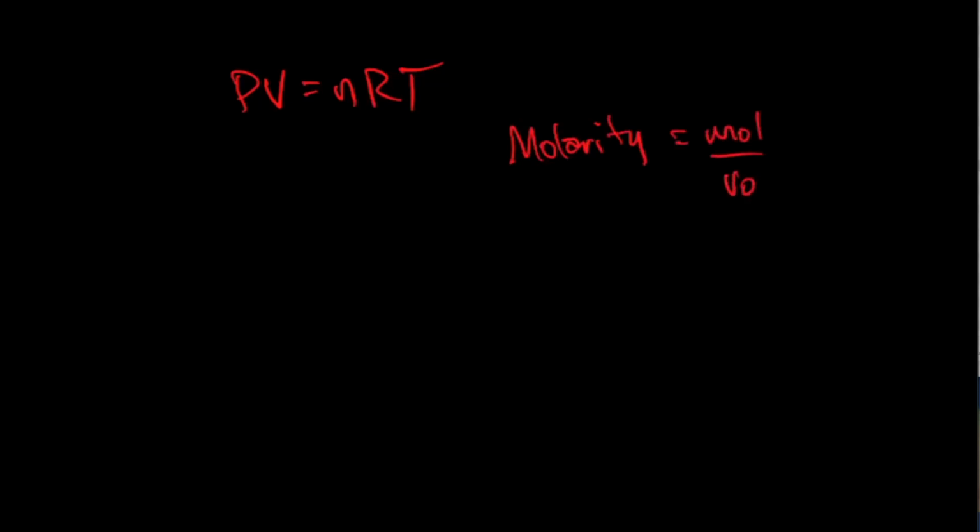Let me do this. You guys remember PV equals nRT. You guys also remember that molarity equals moles per volume. So this is for gas. This is for aqueous. You're going to see that gas can have a molarity.